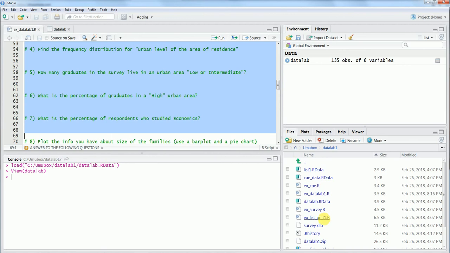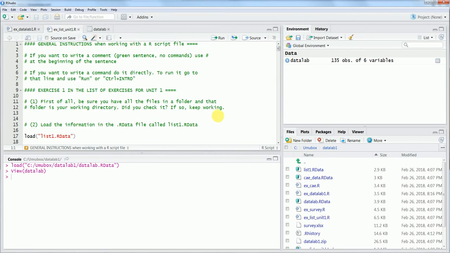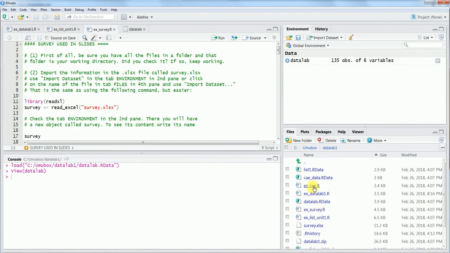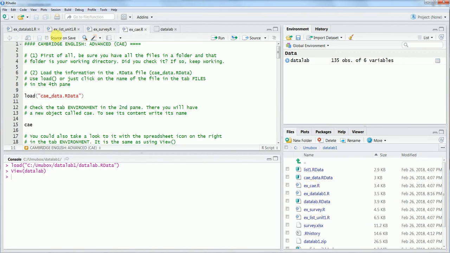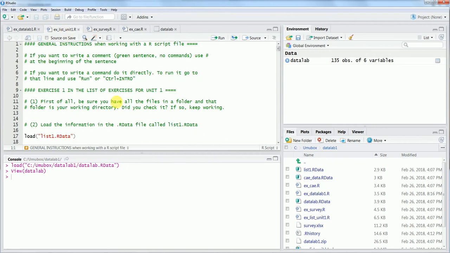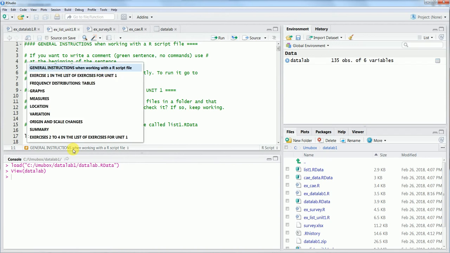And if you don't remember, these exercises that you have, exercise 1, exercise 2, the one with the survey, or exercise 3, the one with the advanced Cambridge exam results, are there to help you with the different commands to find different things. I don't know if you realize that in any one of them, for example, this one is the one for the first exercise that we had in the list of exercises, you have a menu where you can look for information about different things.